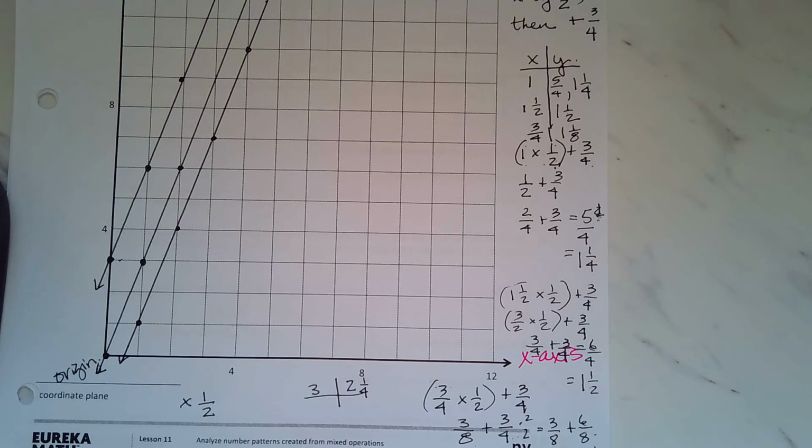And 3 halves plus 3/4 would be equal to 9/4. 9/4 is the same as 2 1/4. So yes, if I take the x coordinate and multiply it by 1/2 and then add 3/4 to the product, I get 2 1/4.